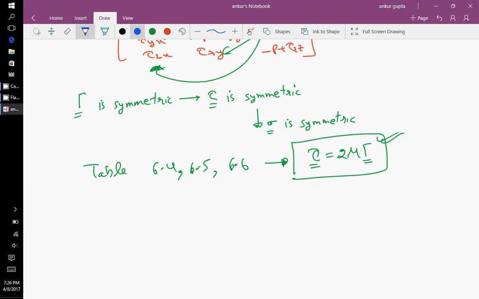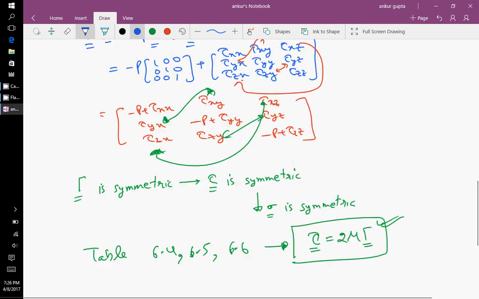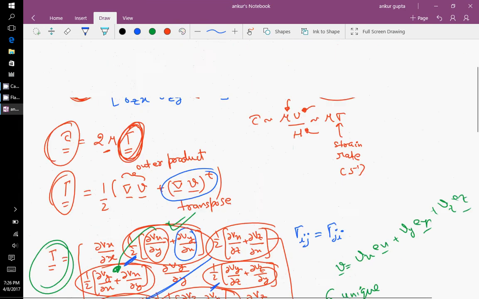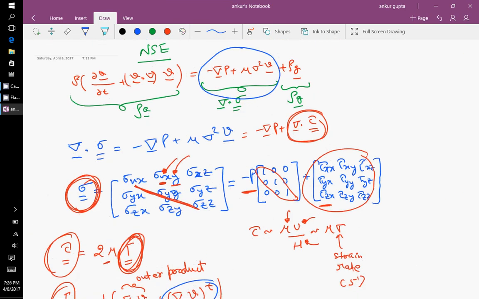So we have given a mathematical reason of why gamma is symmetric, why tau is symmetric, and why sigma is symmetric, but we have not given any physical meaning to that. So we have basically explained that in Navier-Stokes equation, this part is dependent on del dot tau, which is a symmetric tensor, and that makes gamma also symmetric.